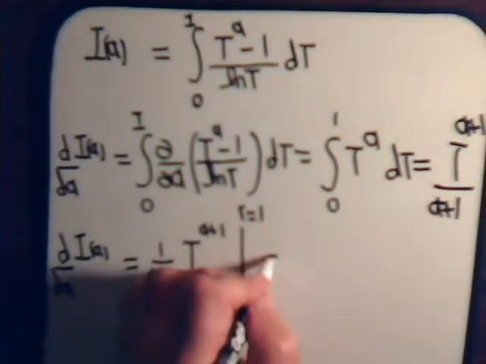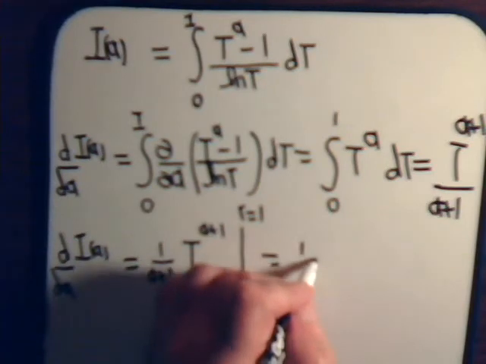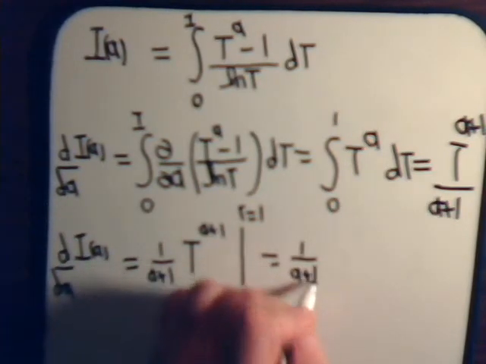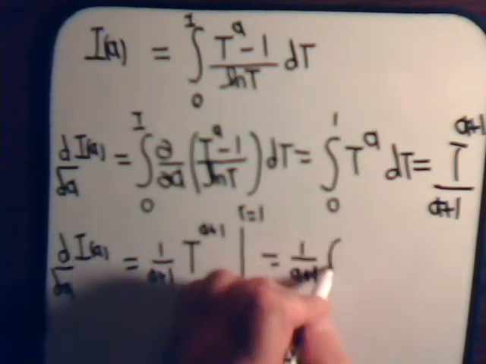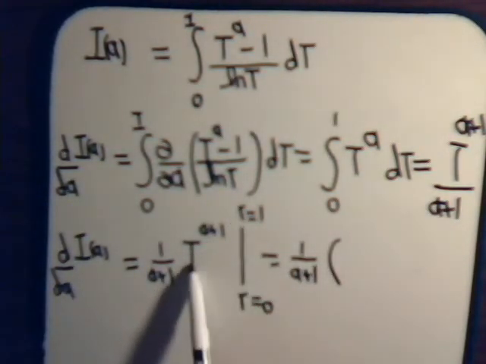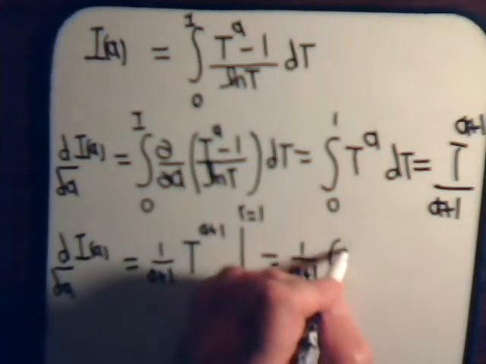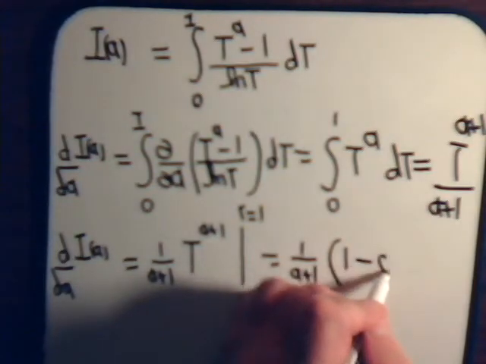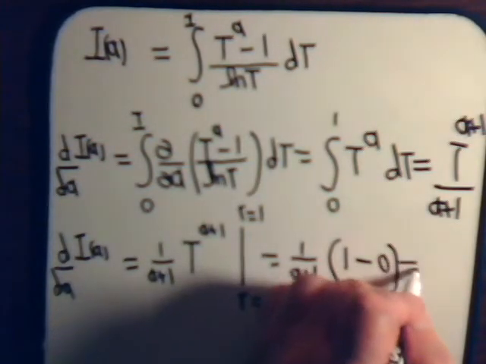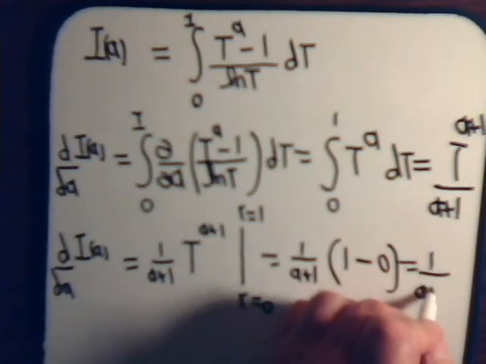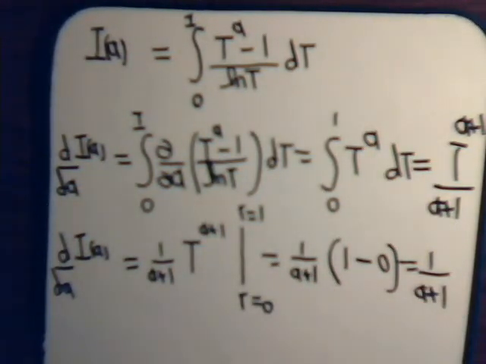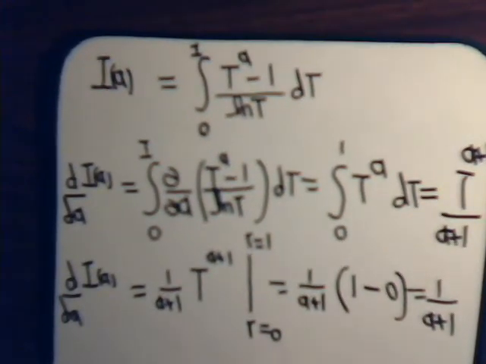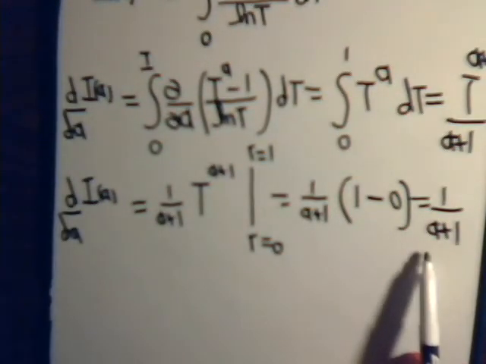So this equals 1 over a plus 1 times, put t equals 1, 1 raised to any power is just 1. Then we have minus, t is 0, that's just going to be 0. So this equals 1 over a plus 1. So the derivative of our integral with respect to a is just 1 over a plus 1.